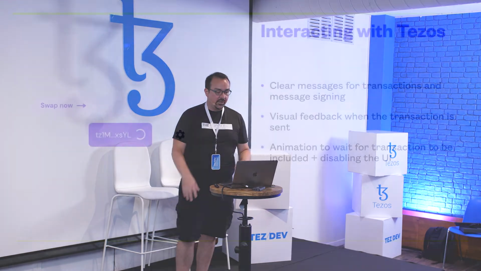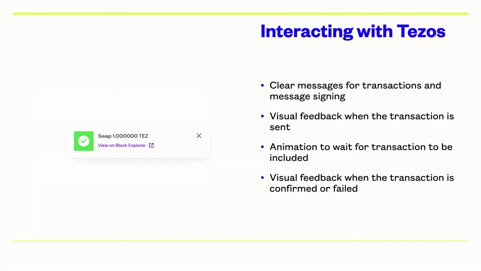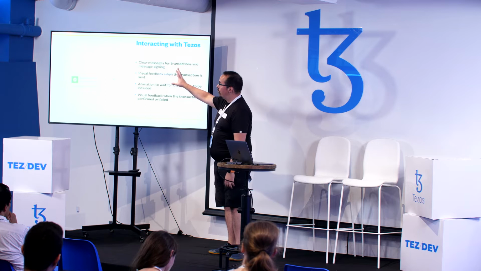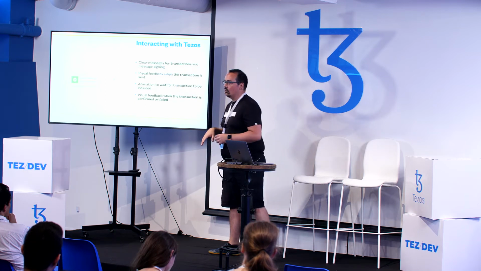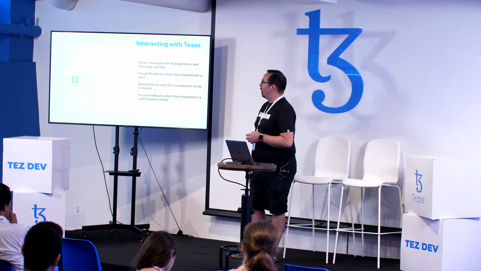And then when everything is okay, you can, of course, enable the UI again, and they can interact with your application again. And when everything is good, like most of the time, you also provide visual feedback. Like here on Plenty, you get a pop-up that's green, so the user understands that it's fine.